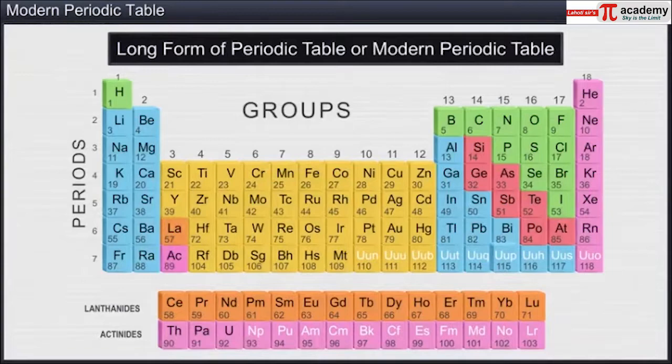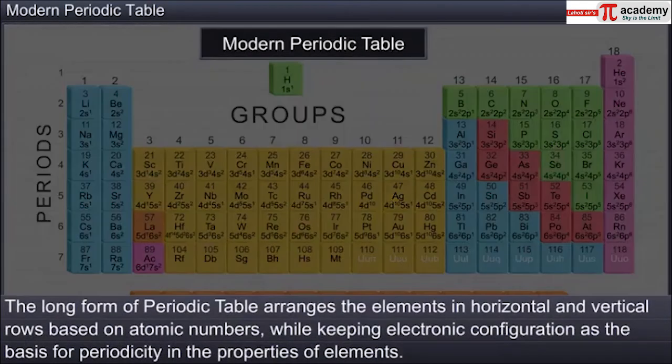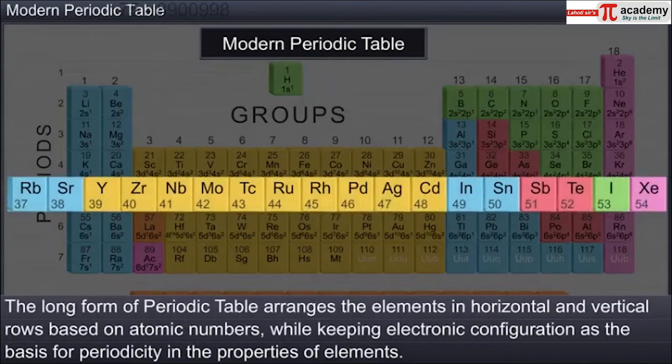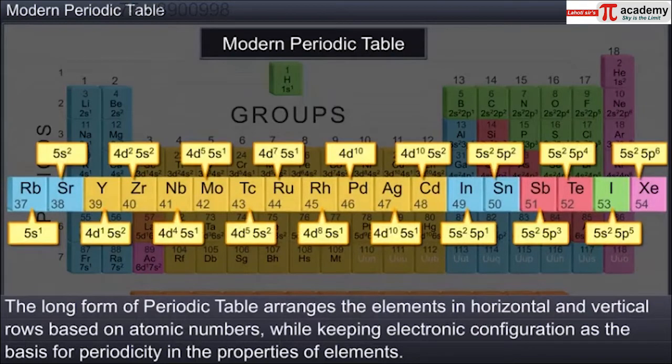Of all these periodic tables, the long form of the periodic table, which is synonymous with the modern periodic table today, is the most convenient and widely used table. It arranges the elements in horizontal rows and vertical columns based on atomic numbers, while keeping electronic configuration as the basis for periodicity in the properties of elements.